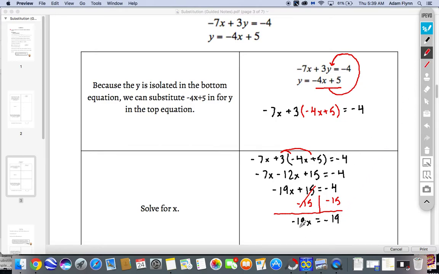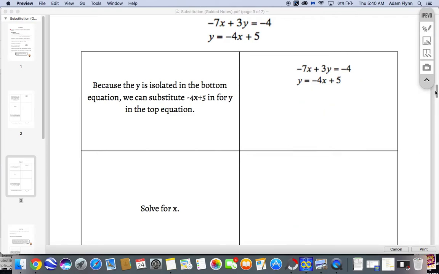Now to get that x by itself, my last step here is going to be to divide by negative 19 on both sides. Negative 19s cancel on the left side, so x is isolated. So I end up getting x equals negative 19 divided by negative 19, which is going to be 1. So I have my x-coordinate.